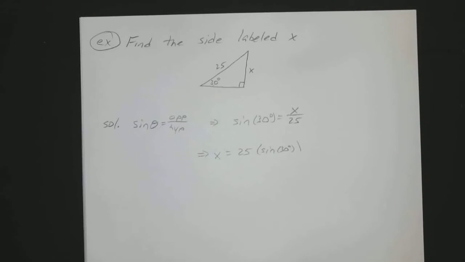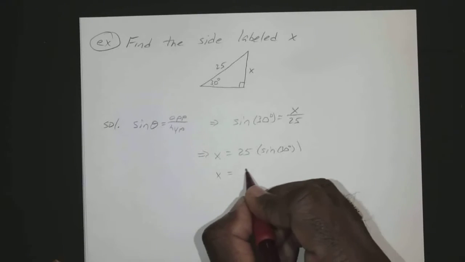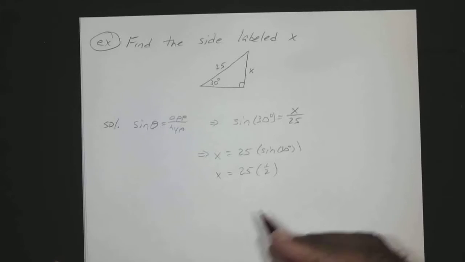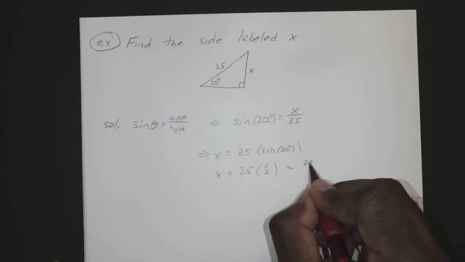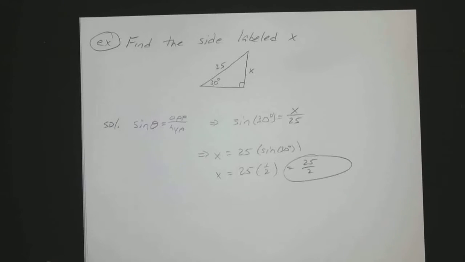Sine of 30 degrees is 1/2. So that gives us x equals 25 times 1/2, which is just 25 over 2. So any questions on that one?